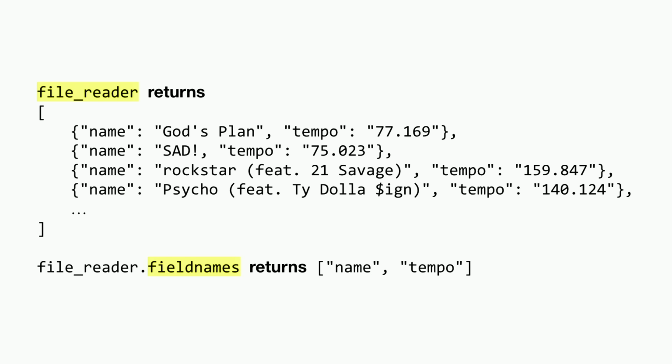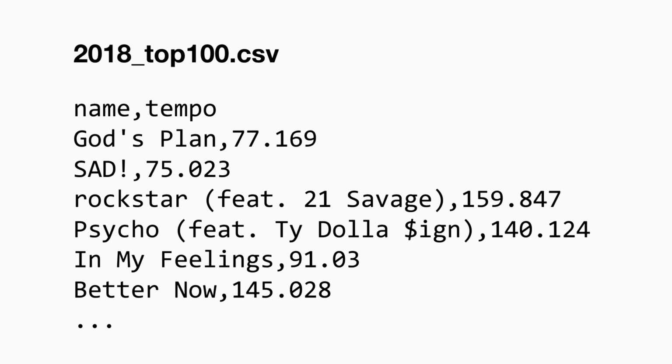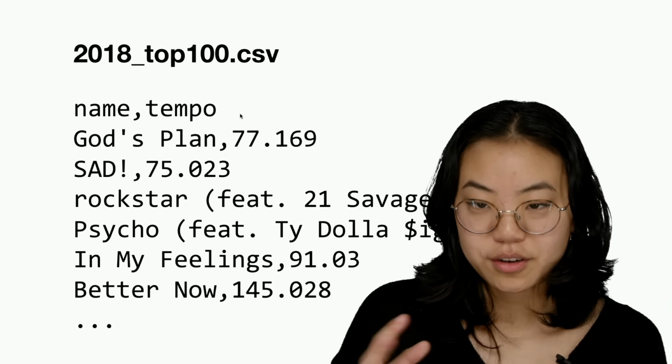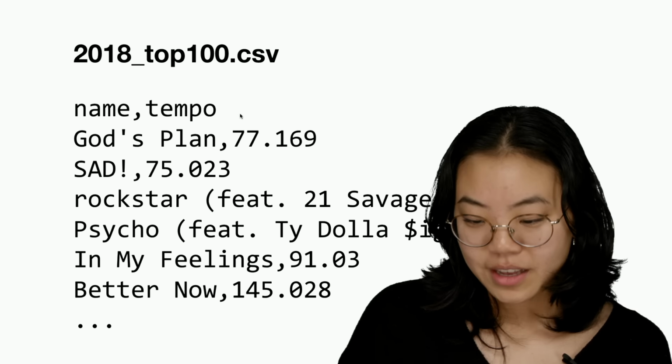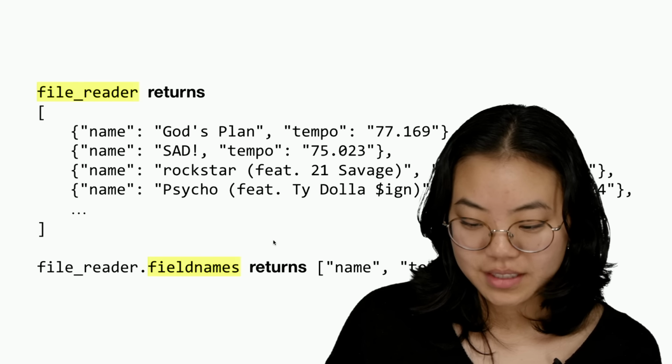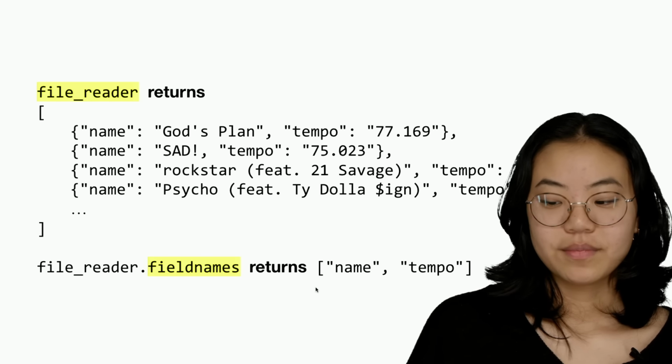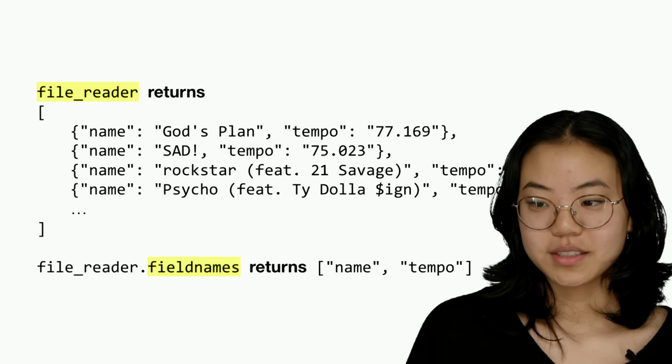So file reader is going to contain this list of dictionaries, and if you ever wanted to see the field names of the CSV, what were my header row values, you can use .fieldnames, which will return a list of those header values.